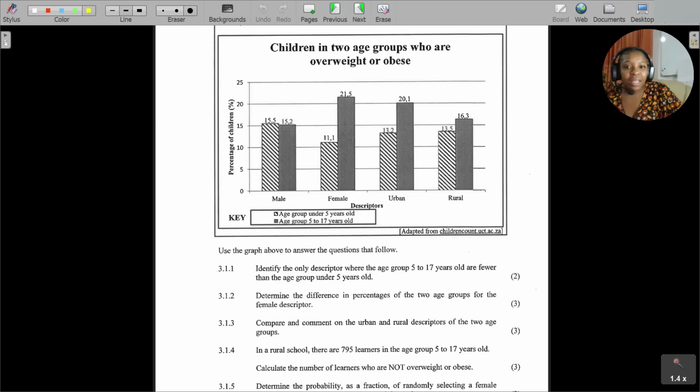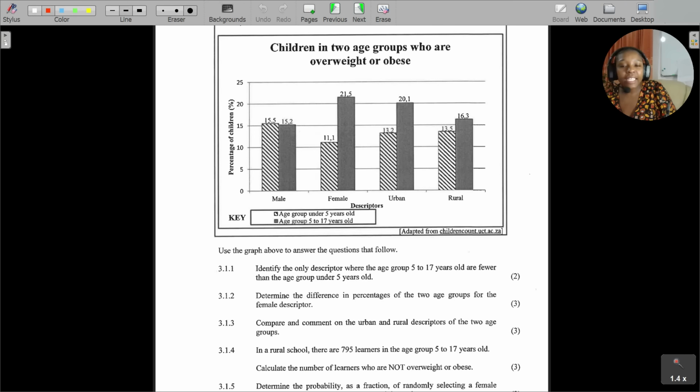So we're just trying to find where the gray parts are less than the zebra parts, because that's what the question is asking us.